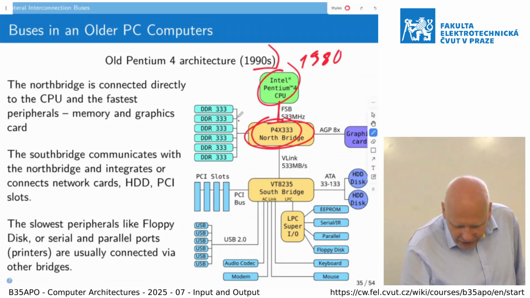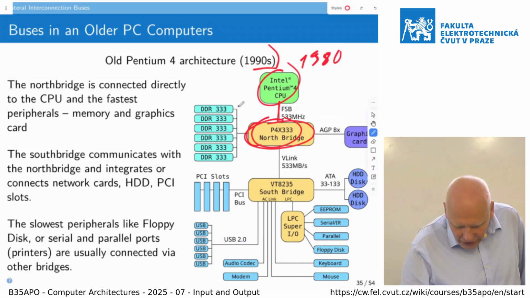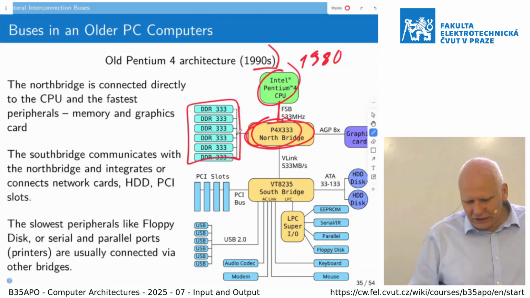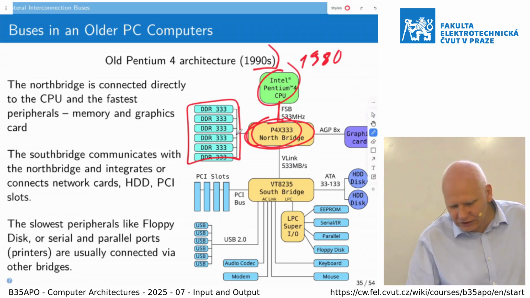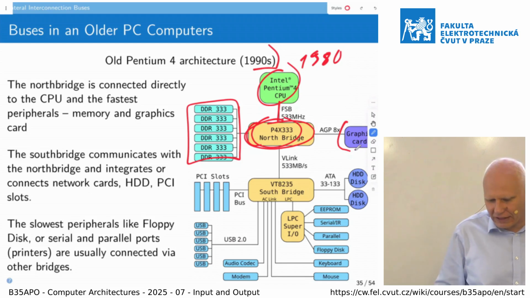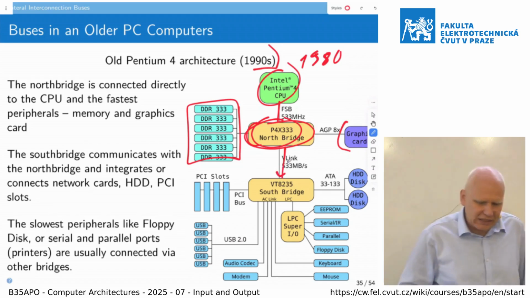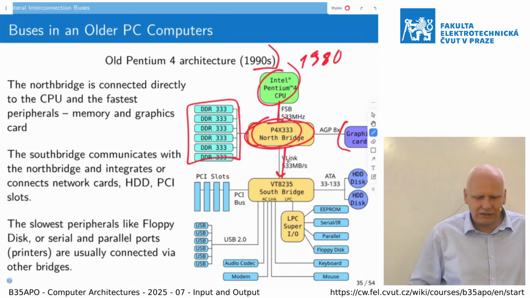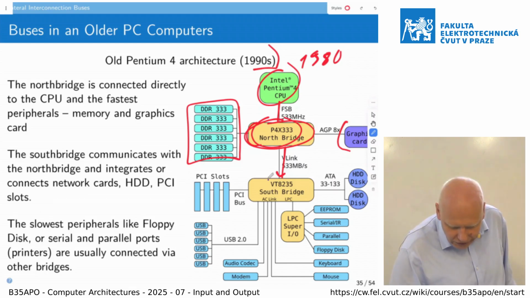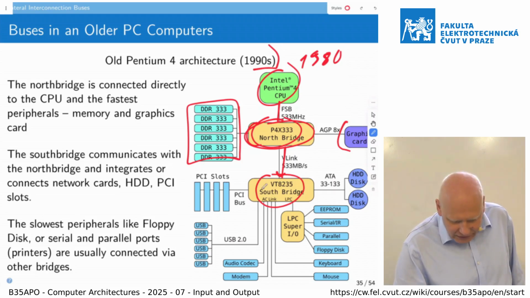And it includes the memory controller, then you have there the memory channels for the DDR memories, then the AGP port to the fast graphic card, then some, at that time, PCI Express or local bus or some special link to the South Bridge, which implements some peripherals directly in the South Bridge.